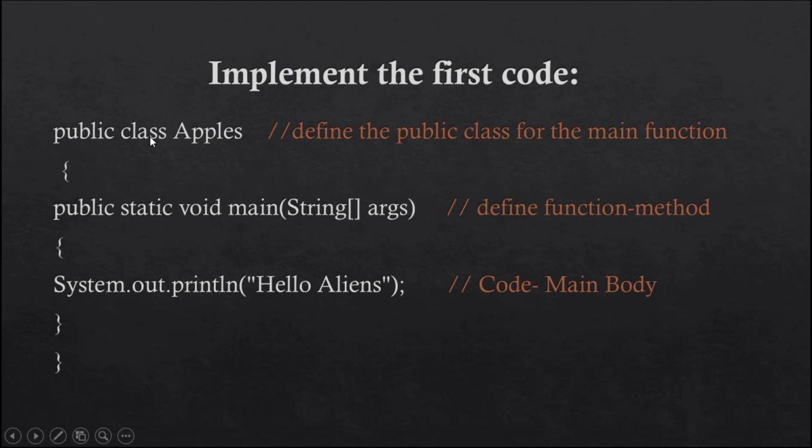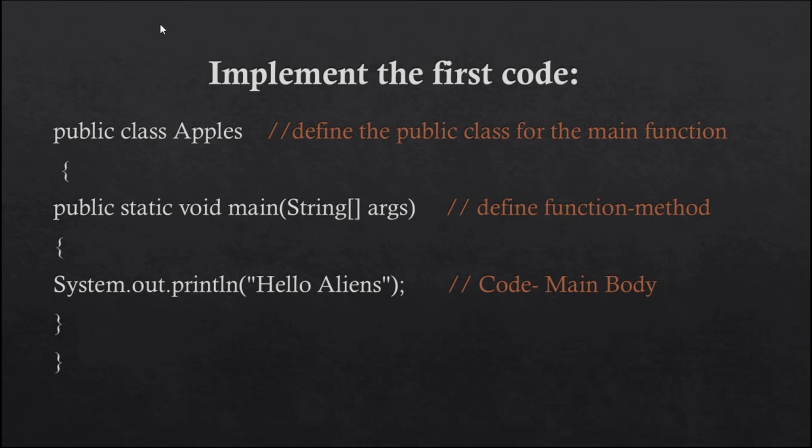The next thing is that Java is a case-sensitive language. If you make a mistake in uppercase and lowercase, you will get an error at the time of compilation. So make sure you write the code in the right way.